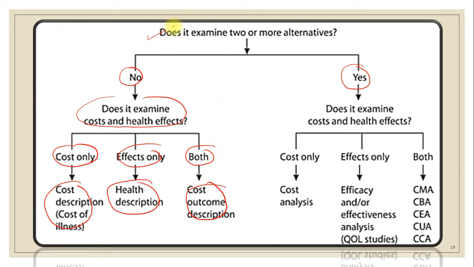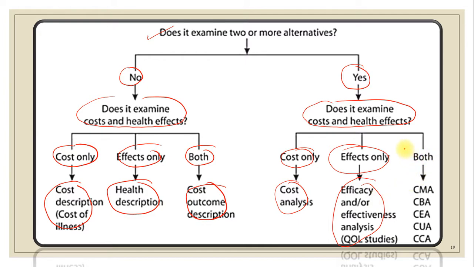If the answer to the question, does it examine two or more alternatives, is yes, then the next question that arises is, does it examine cost and health effects? If it examines cost only, then it is cost analysis. If it deals with effects only, then it is efficacy and or effectiveness analysis, that is QOL studies.